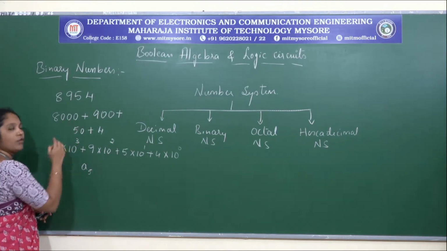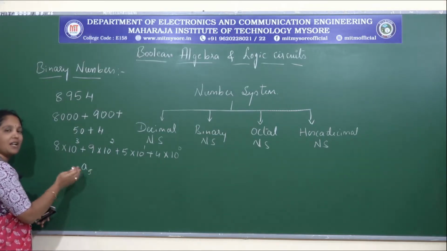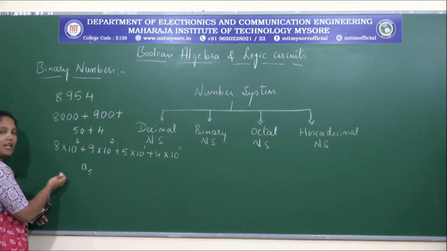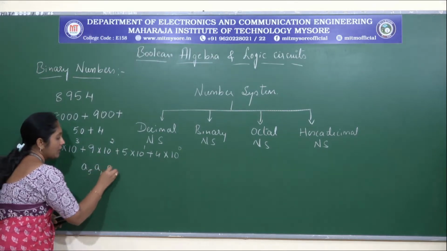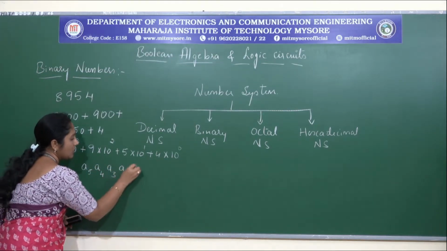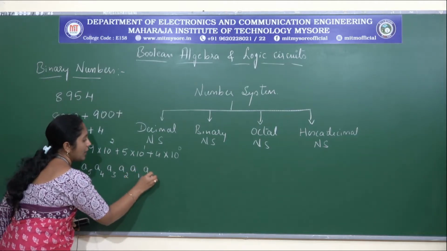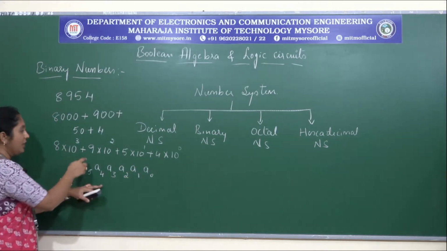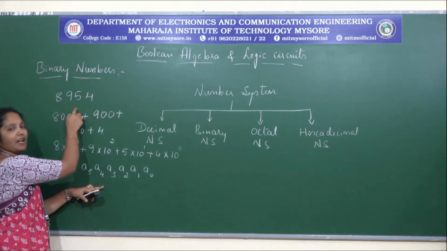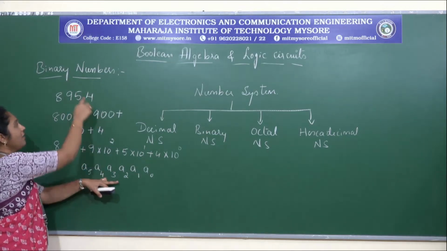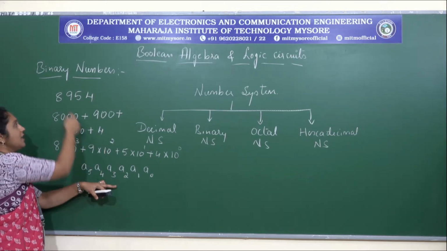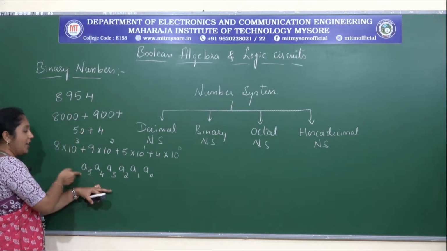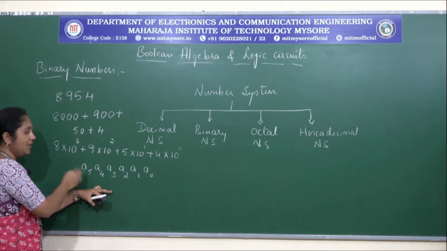Here we have only 4 digits, but since we are writing in general, I am taking some higher coefficients also: A5, A4, A3, A2, A1, A0. In this number, A0 is 4, A1 is 5, A2 is 9, A3 is 8. I have considered 2 extra digits here.